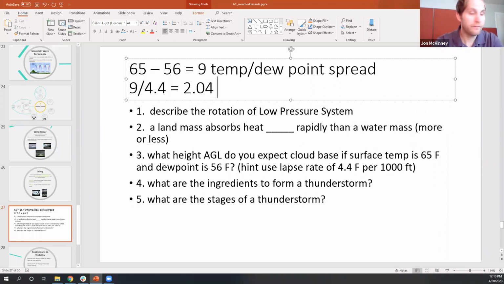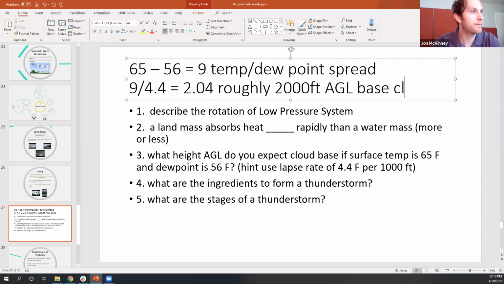So roughly 2,000 feet AGL is the base of the clouds. So I remember Isaac said he had a question about that one. I don't know if this helps or not.